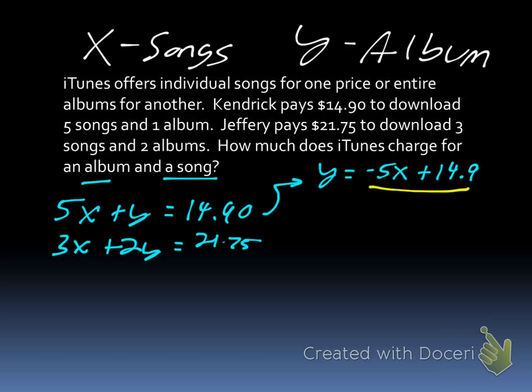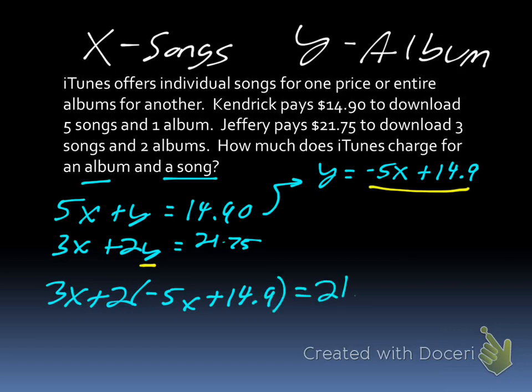And then that expression goes in for that y. So we got 3x plus 2 times negative 5x plus 14.9, which equals 21.75. I'm going to run out of space.